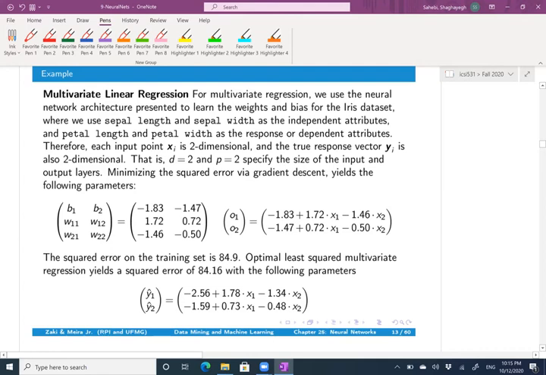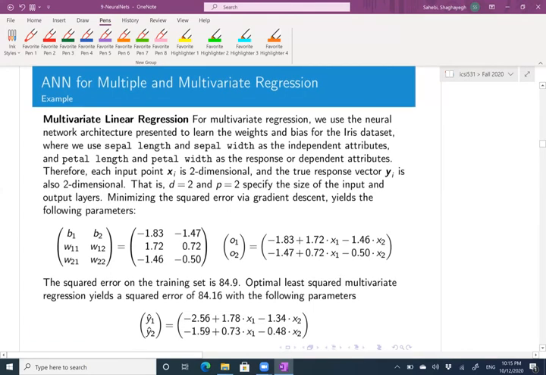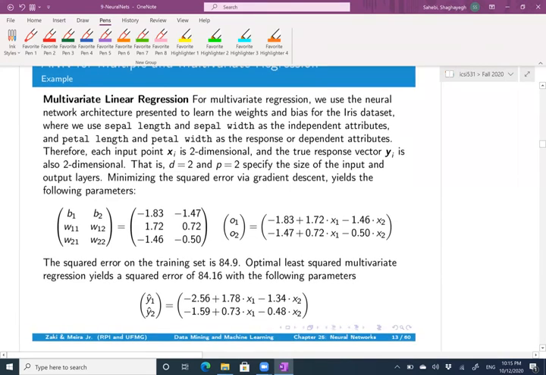And if we want to do some prediction of petal lengths and petal widths, one for petal length and the other one for petal width, then if we do multivariate linear regression, that you haven't seen in this course, but it is in the book if you would like to check that, we are going to get to this set of parameters.